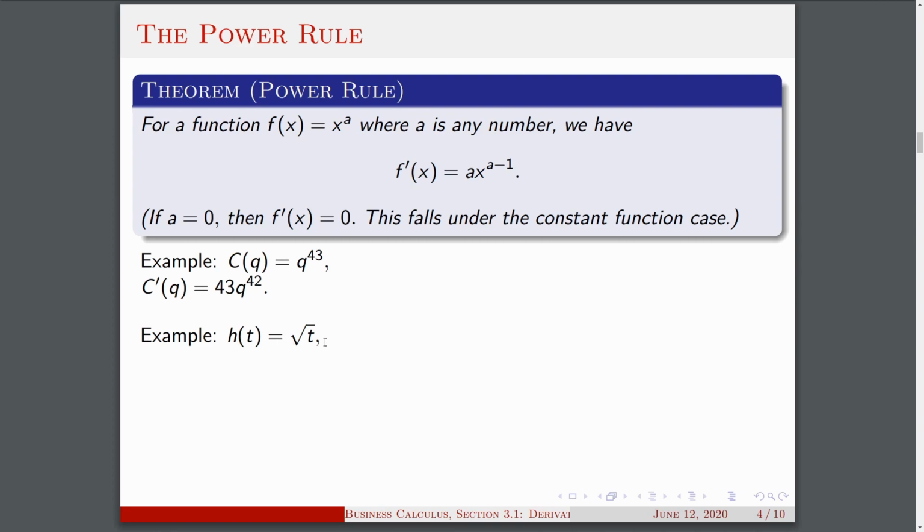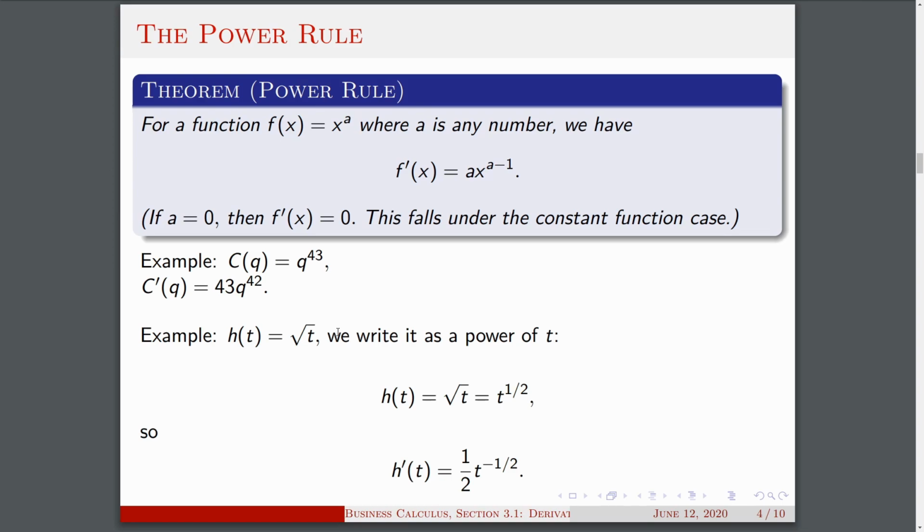Let's look at another example. h of t equals square root t. Can I apply this rule? Is this of the form x to the a? It doesn't look like it, does it? But can we write the square root of t as t to some power? And the answer is yes, we can. We can write it as t to the 1/2 power. Remember, square roots mean to the 1/2 power.